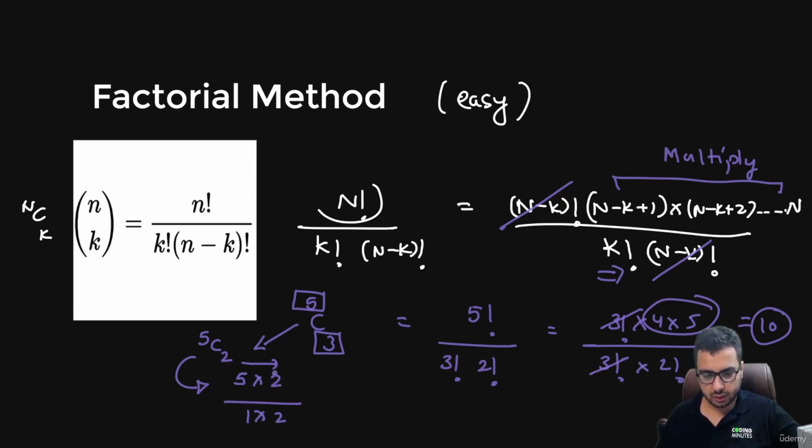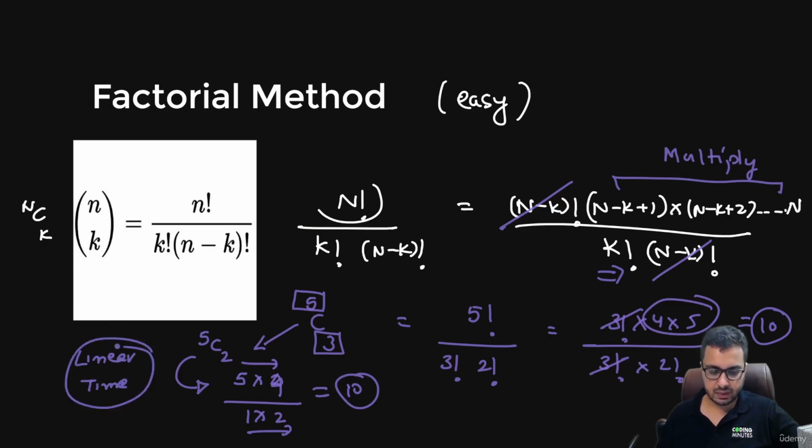So 5 into 4 divided by 1 into 2, decreasing order on top and increasing order on the bottom. Directly you can get this expression, which is now 10. So this is one way of computing binomial coefficients, and it takes linear time in the worst case that we have seen.